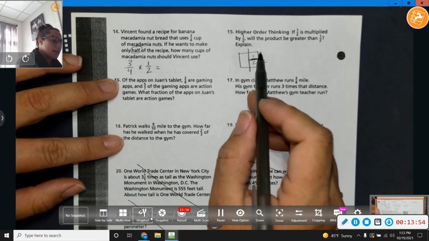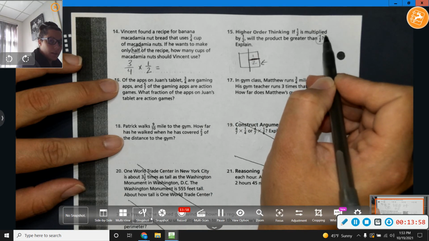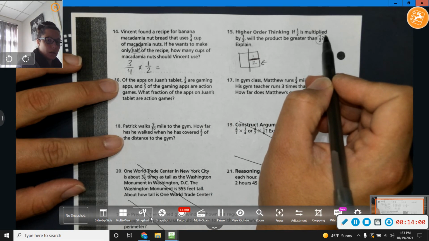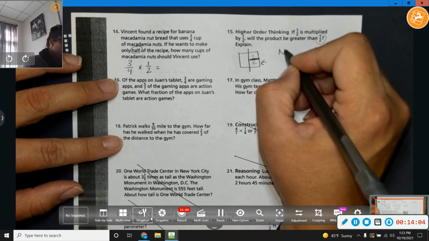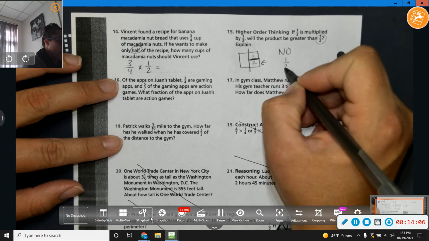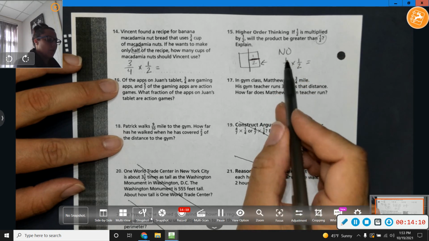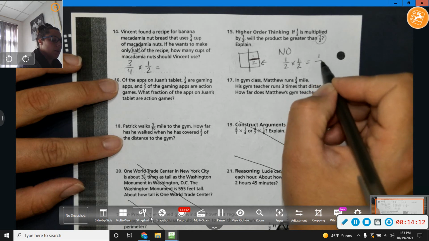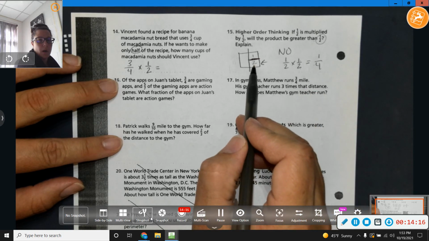So if I times 1/2 and a half, is it going to be bigger than 1/2 or smaller? Okay? So will the product be greater? No. 1/2 times 1/2 equals what? 1 times 1 is 1. 2 times 2 is 4. 1/4. It'll be smaller. Okay?